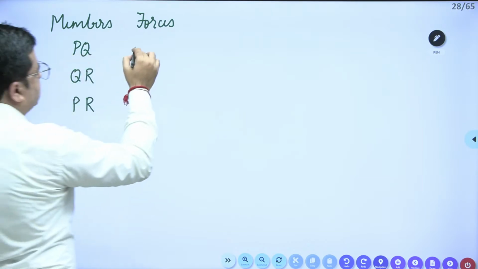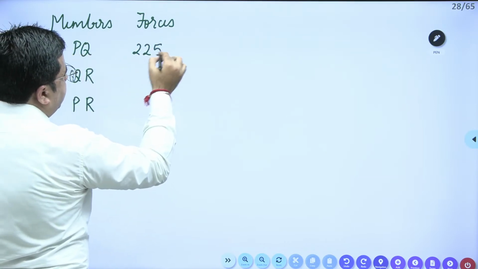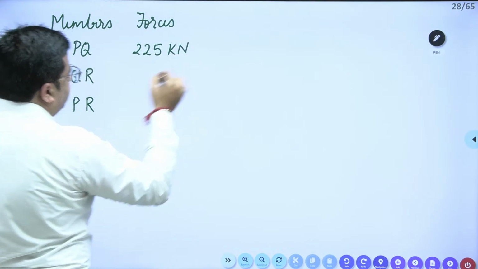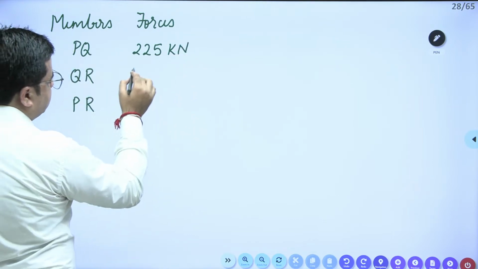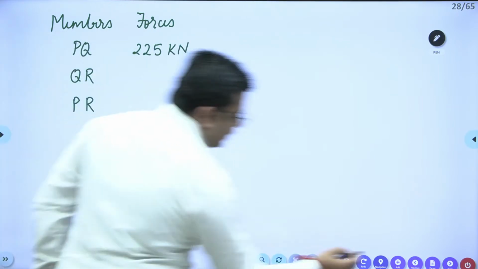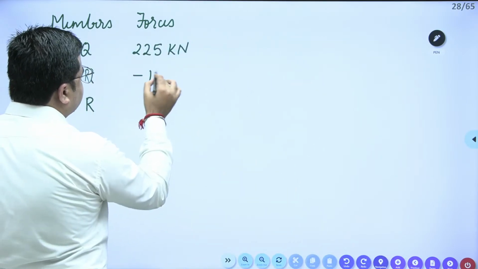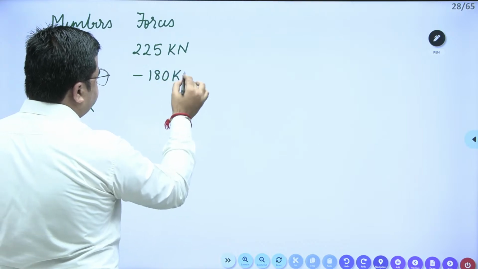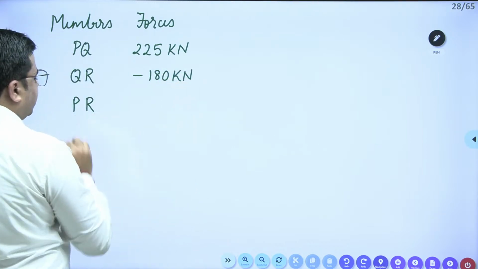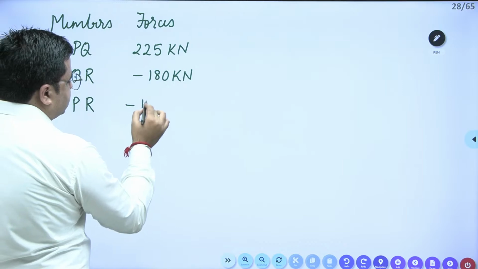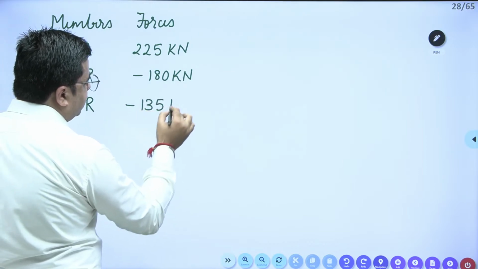This PQ is 225 kilonewton and this is tensile in nature. This member QR contains a compressive force, which is minus 180 kilonewton. And similarly for member PR, this is also compressive force, which is 135 kilonewton, right?